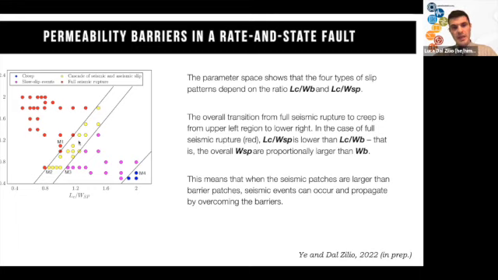And here within this domain, we can have this so-called cascade of seismic and aseismic slip, while moving towards smaller seismic patches compared to the size of this barrier, we end up with slow slip events and creep.